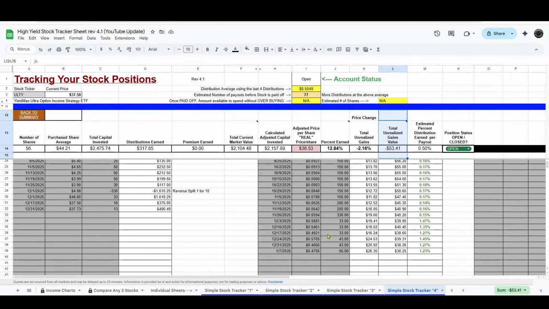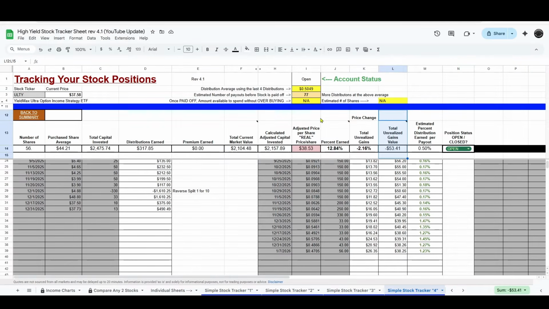If I can get my real price per share under that current price, then with each distribution it keeps coming down on my real price per share, even if the current price of that ETF trades sideways. So that just increases the buffer I've got for that stock to be able to move around. And I just continually lower my adjusted price per share. And of course, like I've stated, my goal is to get it paid off. Now that is not a quick deal, right?